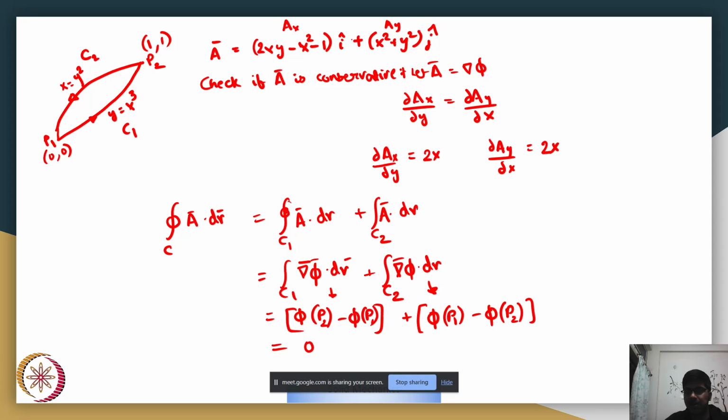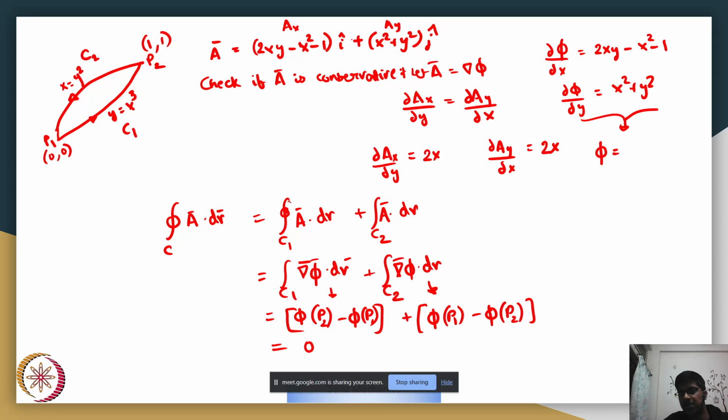If you want to calculate the underlying potential, we can do it this way. Dou phi by dou x is equal to 2xy minus x square minus 1, and dou phi by dou y is equal to x square plus y square. I'll use the second equation to begin with. My phi will be equal to x square y plus y cubed by 3 plus some function g of x.